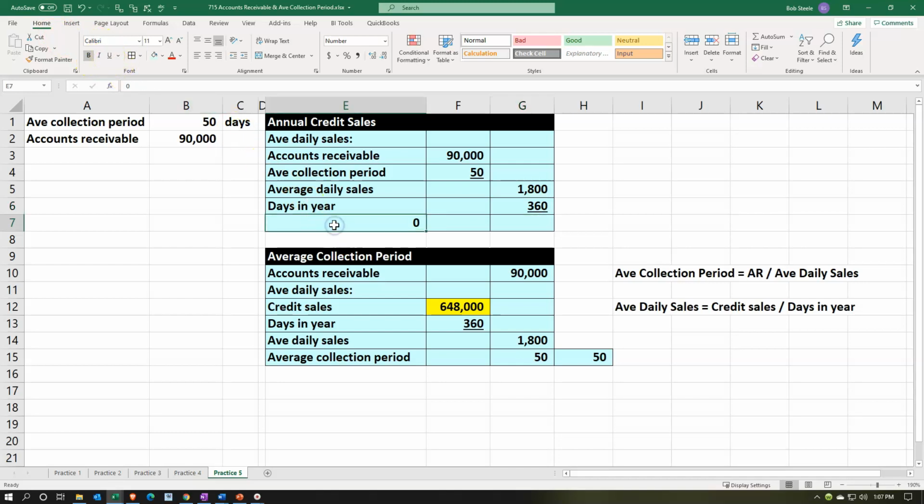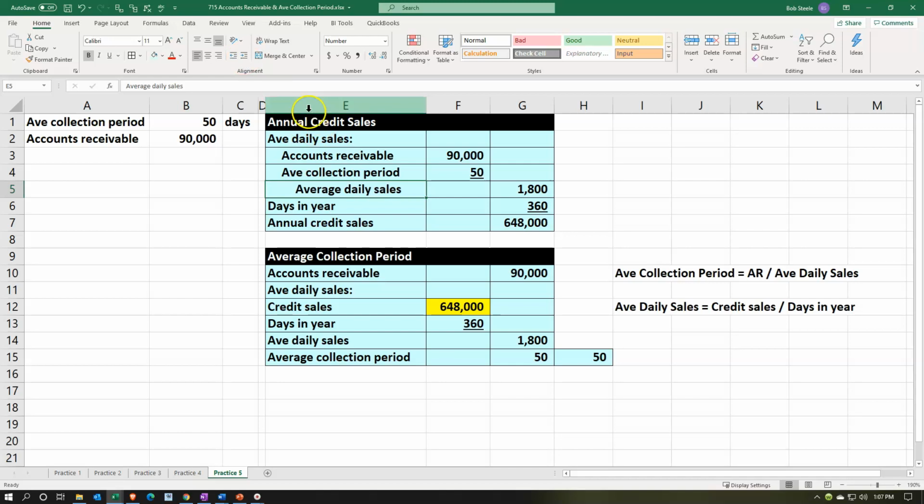And then that's going to give us our annual credit sales, which is going to be equal to the 1,008 times the 360. Let's do some formatting up top. I'm going to select these three, go to the Home tab, Alignment, increase the indenting here. Home tab, Alignment, increase the indenting there.